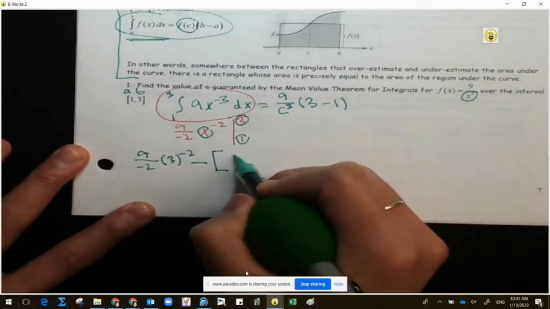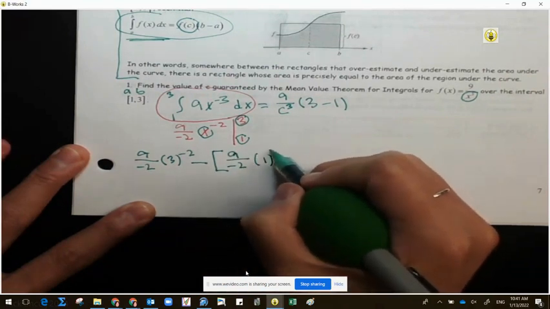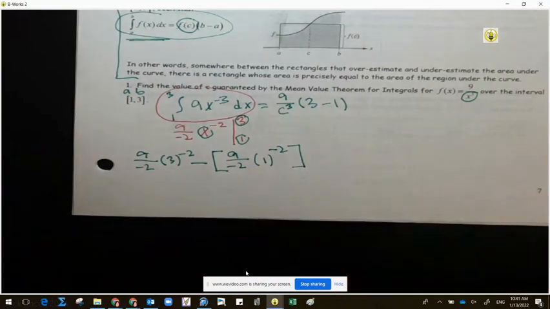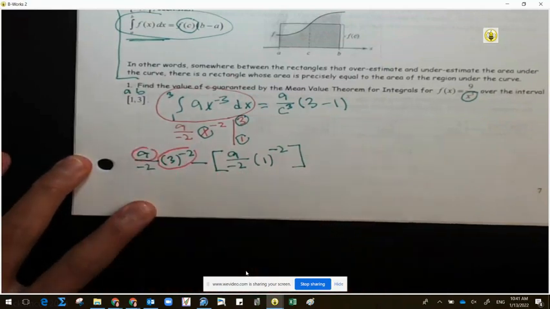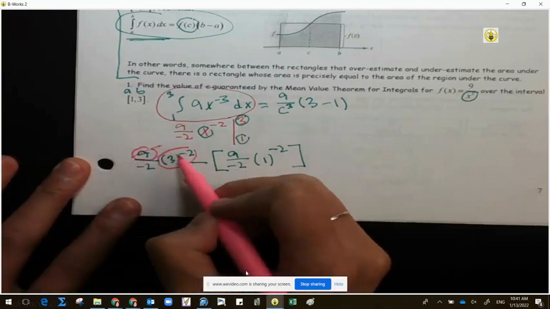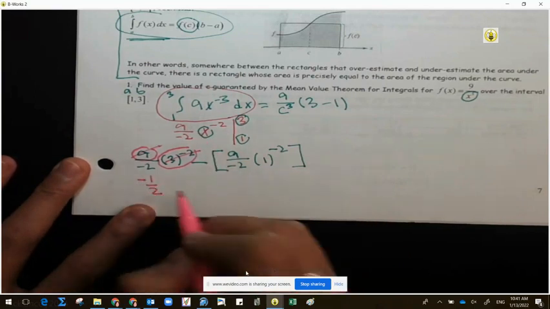Now I'm going to plug in the 1. 9 over the negative 2 times the 1 to the negative 2. Let's see what would happen in this case. Would this and this cancel each other out? Because 3 to the negative 2 is basically on the bottom 9. So I know that's going to cancel each other out. That's going to give me negative 1/2.